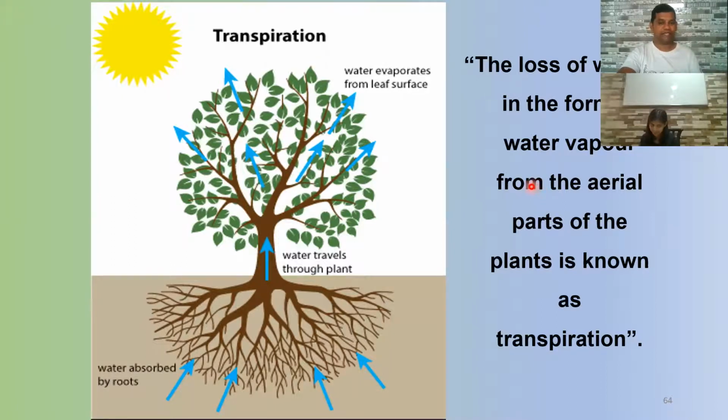Major part of transpiration is from the leaves, but it can take place from every other aerial part, like flowers, sepals, fruit walls, young green stems. Any aerial part, but not from the roots. So let us see the details of transpiration.